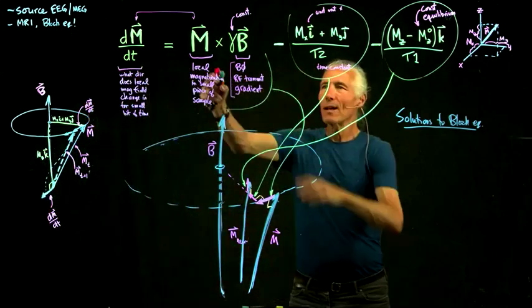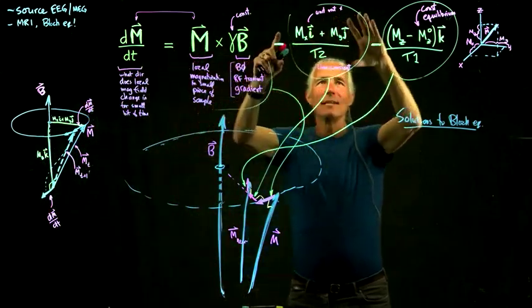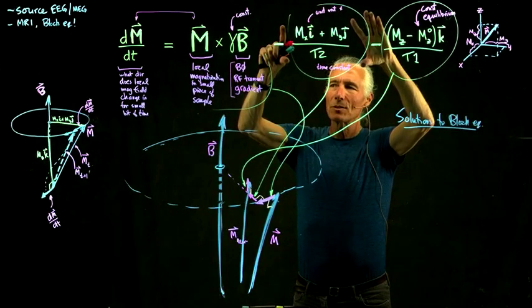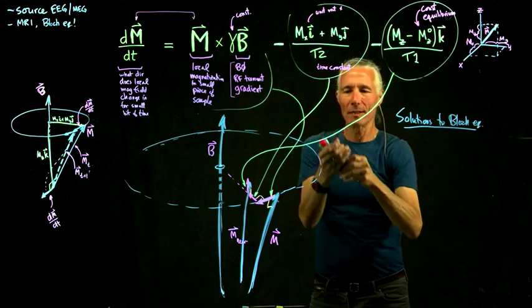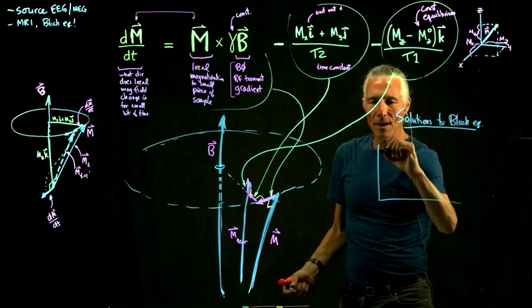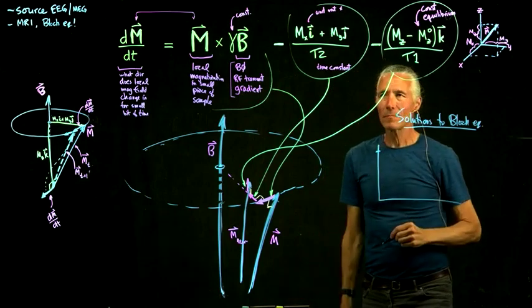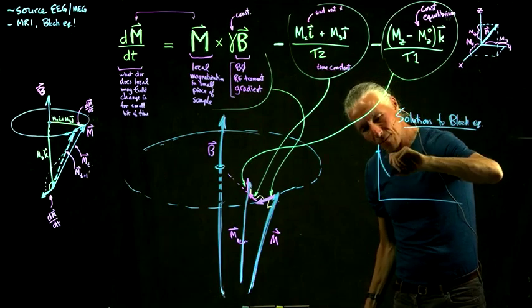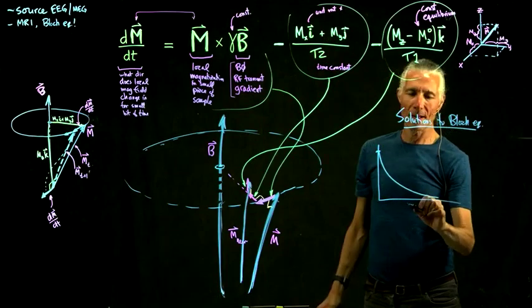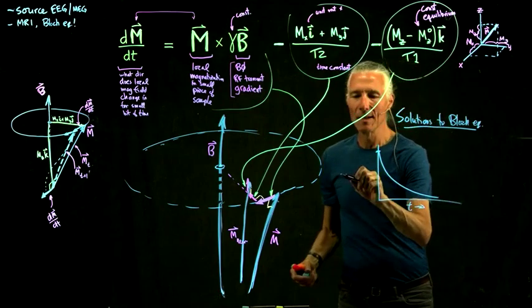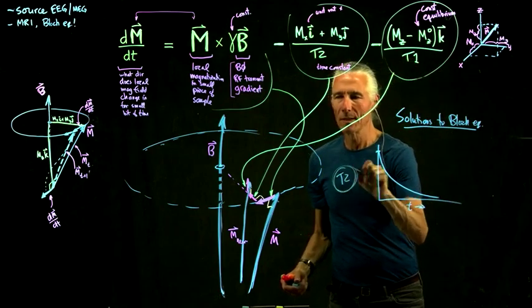So we could solve for this guy, or we could just solve for this guy. So let's just look at the solution when you solve for the T2 part of the Bloch equation. And what the solution looks like is you start off at some amount of X and Y magnetization, and then you fall off quickly over time. So that's time like that. So this is the solution for T2.